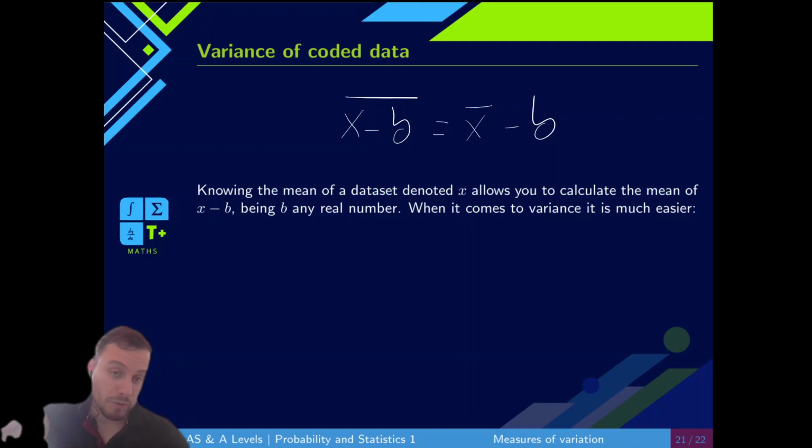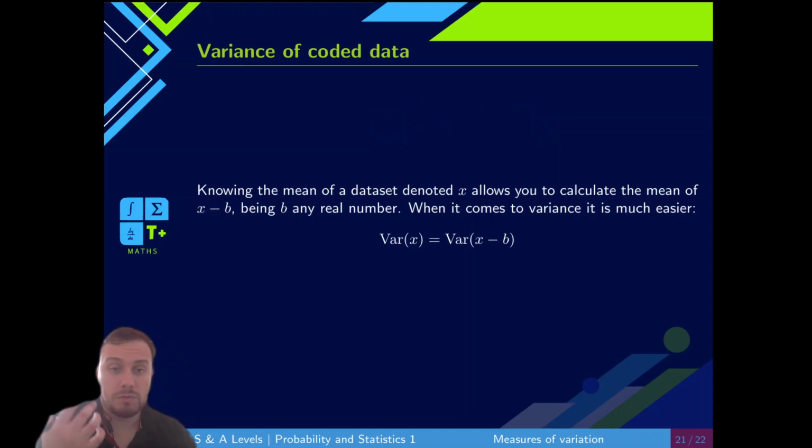This means that if we take a set of values and we subtract or add the same number to every value, the new mean is the original mean minus or plus that value. With variance it is much easier, because if we code data, the variance doesn't change.